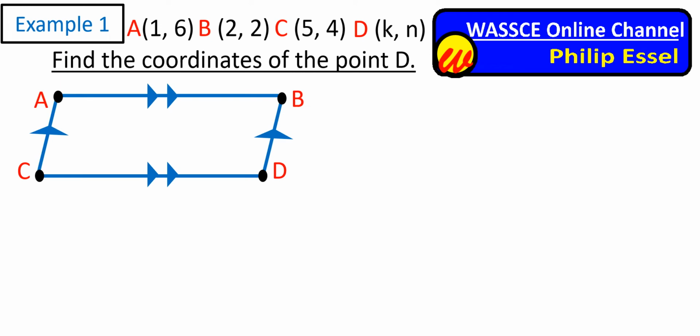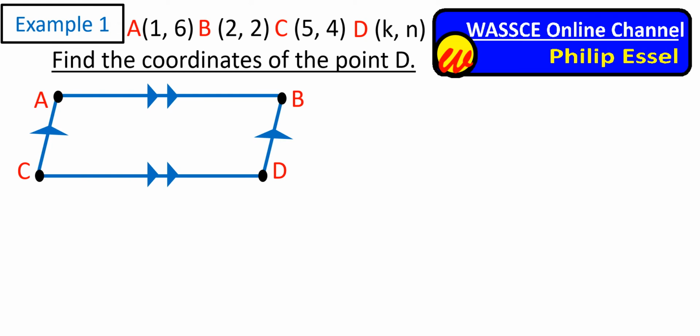Find the coordinates of the point D. Now, the diagram shows a parallelogram ABCD. We've been given the points A, B, C, but we've not been given the point D, and we've been asked to find the coordinates of the point D. That's the x component, which is K, and the y component, which is N. We've been asked to find them.